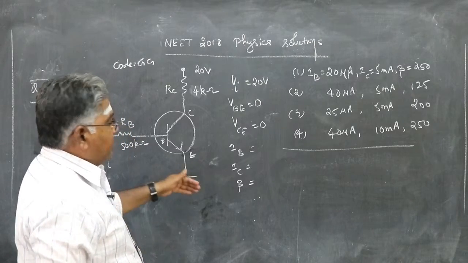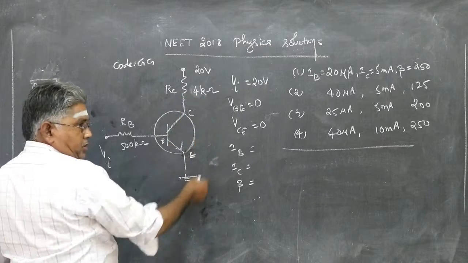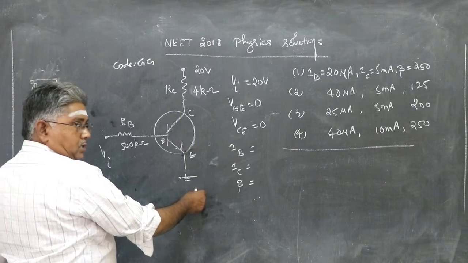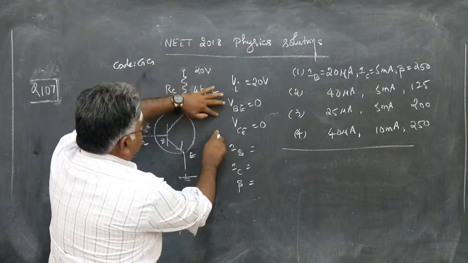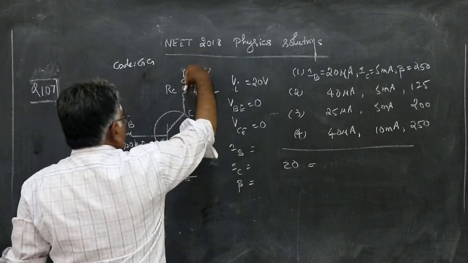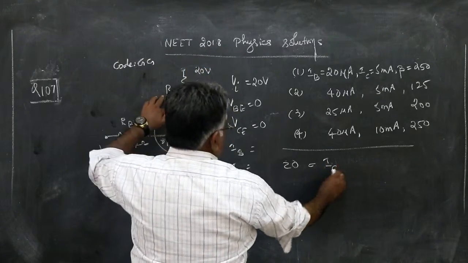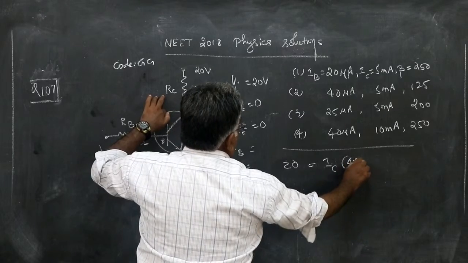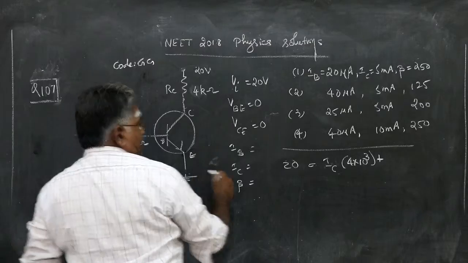But how to find that IB and IC? Use Kirchhoff's voltage law to the output side of the circuit. Okay, so here this is 20, this is grounded, so voltage here will be 20. So 20 equal to IC into RC. RC is 4 kilo ohm, plus VCE. VCE is 0.